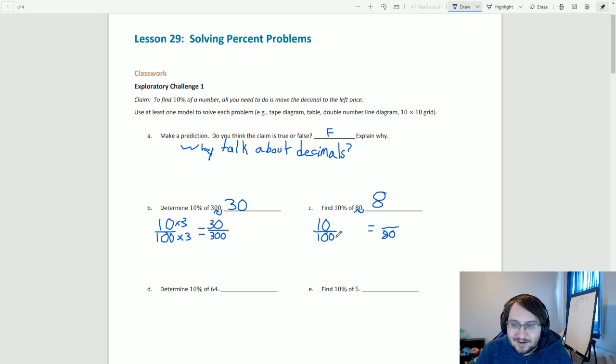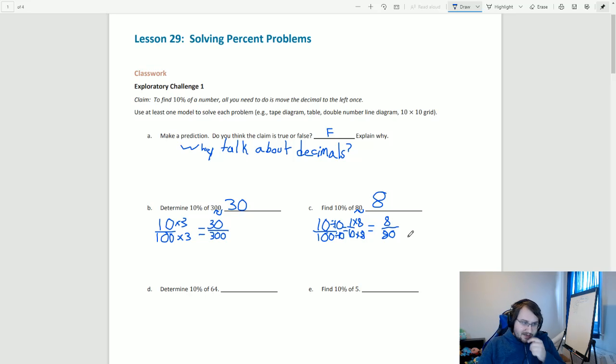So I'm going to have to reduce this fraction. The easiest way to reduce 10 over 100 is to divide both the top and the bottom by 10. That'll give me 1/10. Perfect. If I take my 10 and multiply it by 8, I get 80. So I have to multiply my 1 by 8. Anything times 1 is itself, so that means my answer is... oh, okay, my answer is 8.